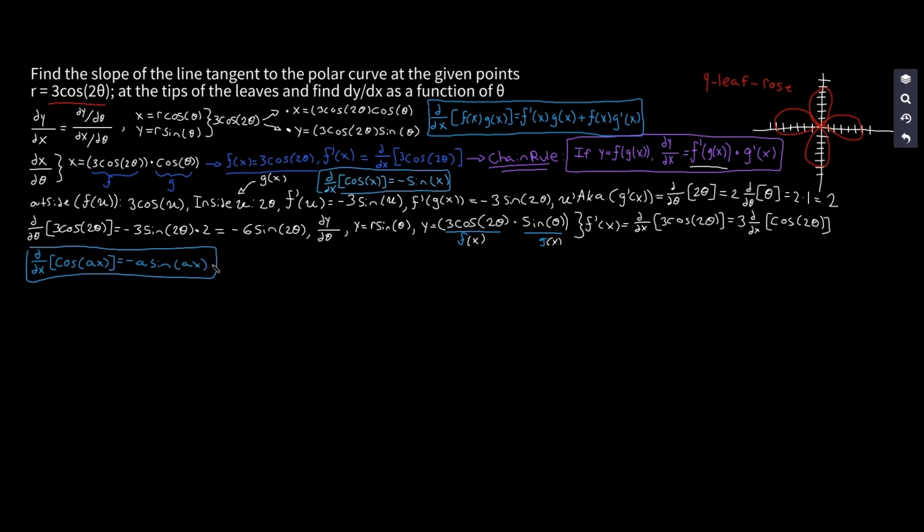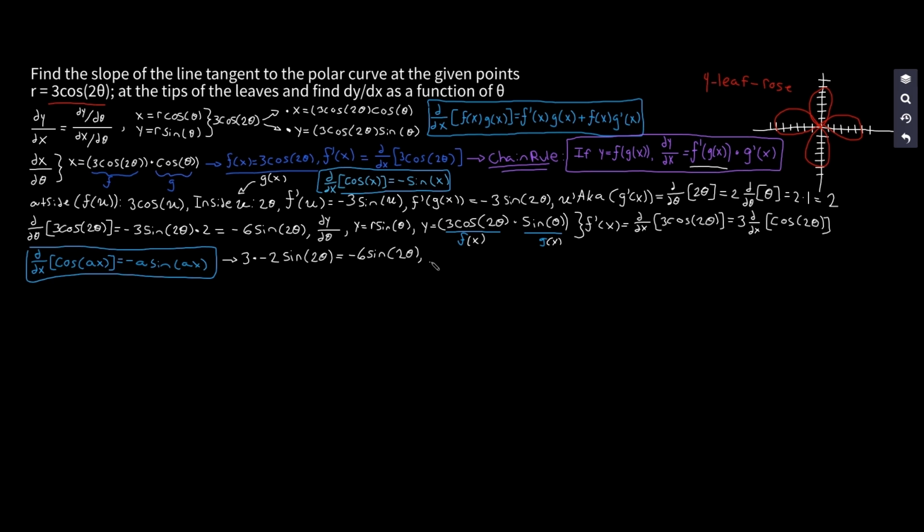Let's just work through this then, because the application of this is going to be like 3 times negative 2 sine of 2 theta. That equals negative 6 sine of 2 theta.